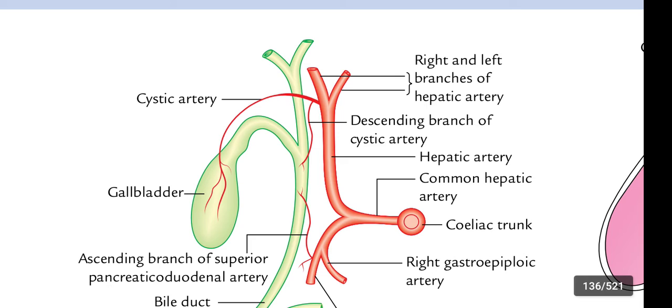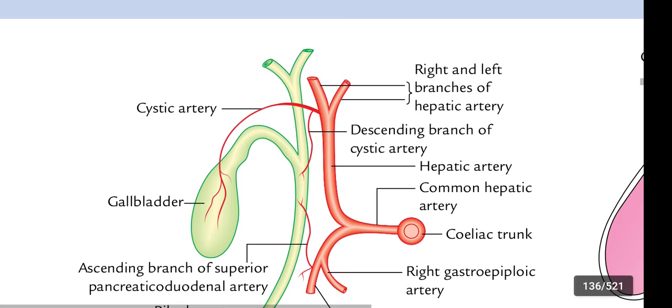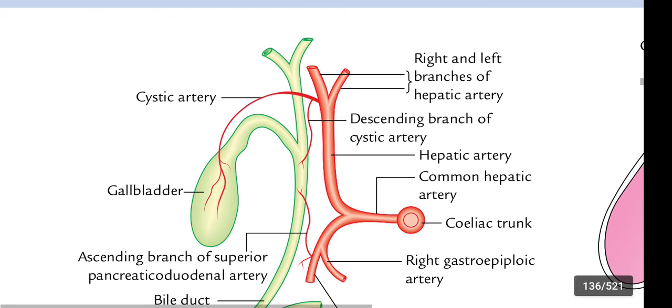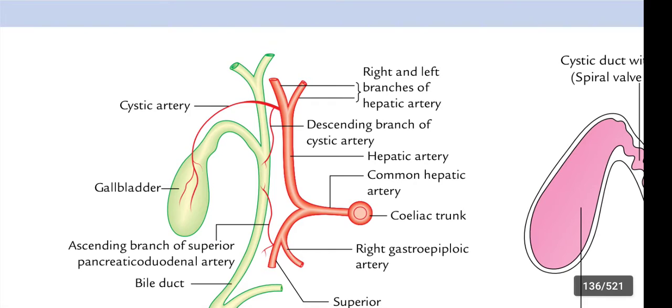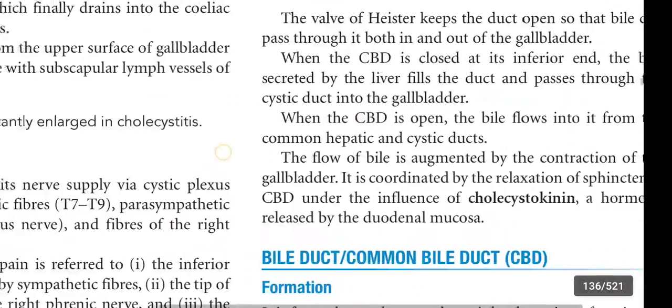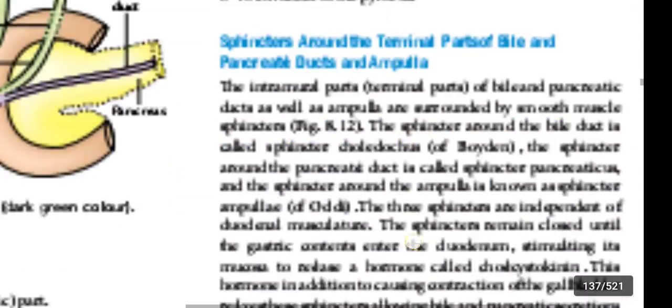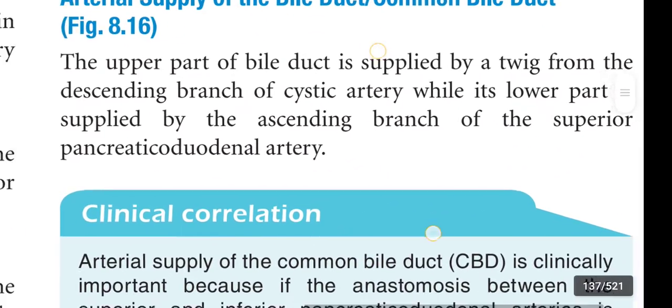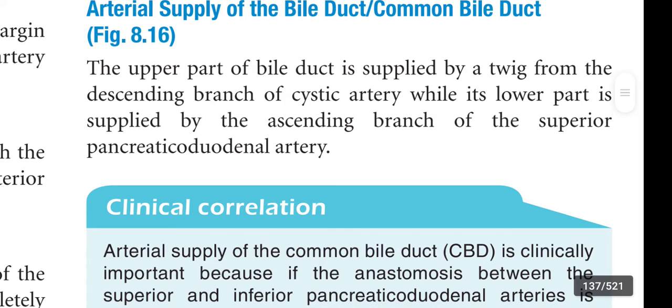And this is the descending branch, descending means it comes down, which supplies the upper part of the bile duct. While the lower part is supplied by the ascending branch, ascending means it goes upwards, of the superior pancreaticoduodenal artery.